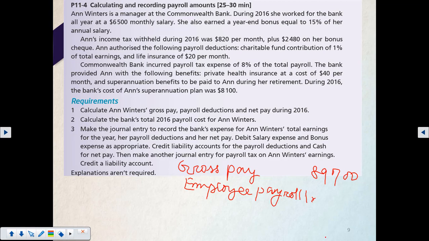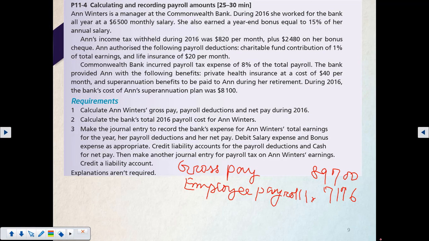Employee payroll tax is going to be 8% of this one. How much is this? 7,176, right? So this is our cost we are giving for the employee.